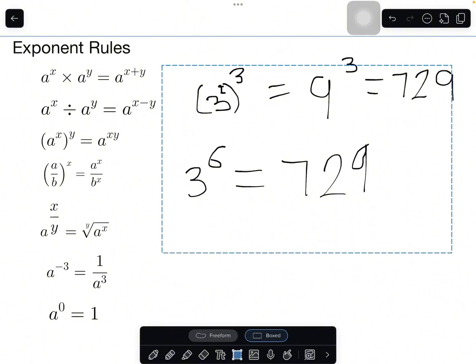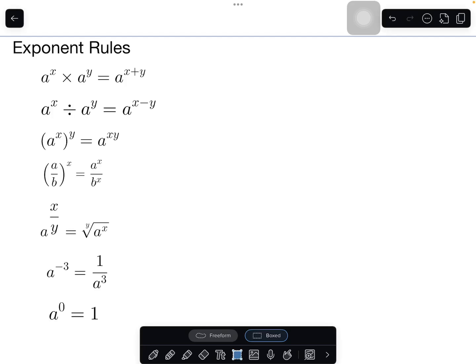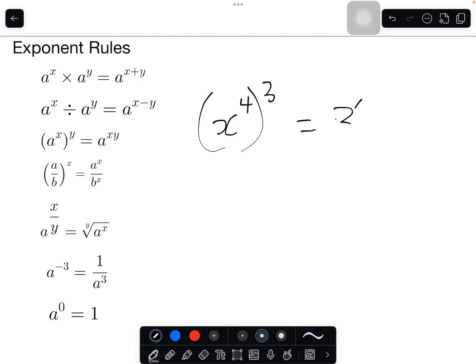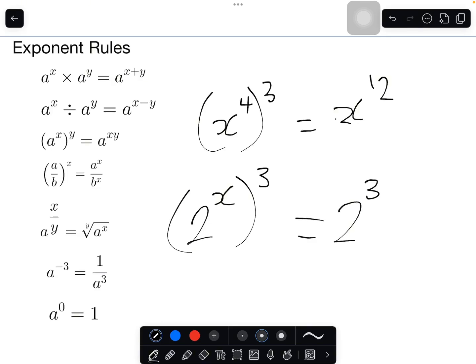Let's just see a few examples of what happens when we put them with variables. So if I have x to the power 4 to the 3, that's just going to give me x to the 12. Okay, if I have 2 to the power x to the power 3, that's going to give me 2 to the 3x.